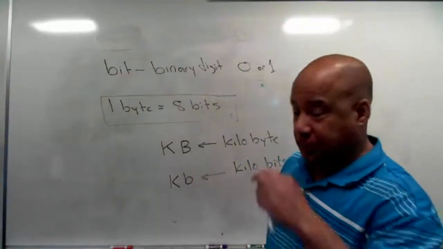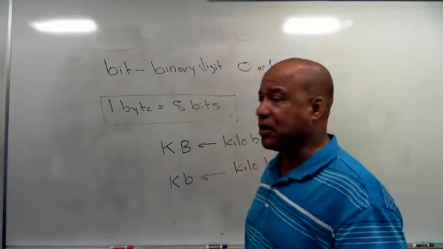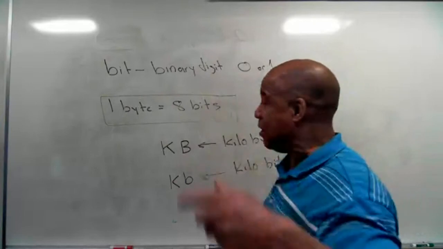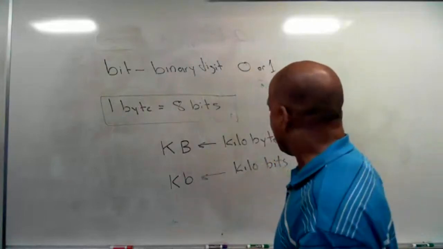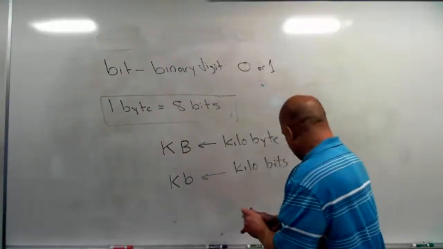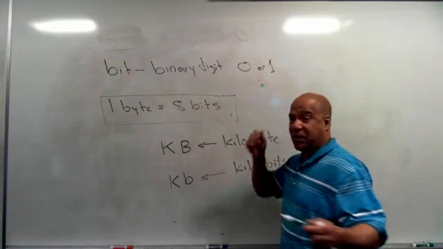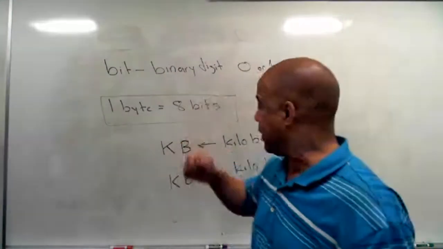Here's where it gets confusing though. You guys are engineers, I think you're all METs or MEs, and you know kilo is 1,000. Well, if I'm referring to this one, you probably better write yourself a note, so when you look back at this for the exam, you'll remember this.